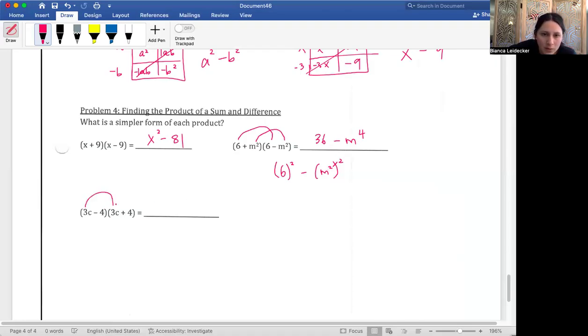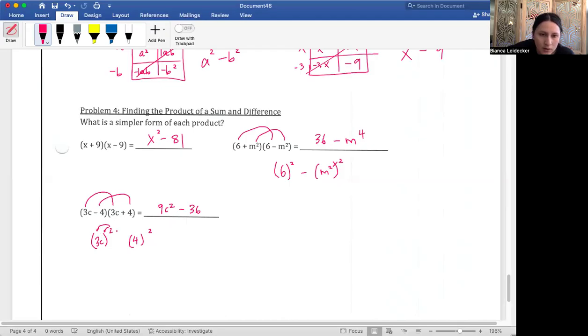Okay, this would be 9c to the 2nd power minus 36, right? 4 squared is 36. And that's it. If you want to double check, you could look at this. Squared, and then 4 squared. This will distribute in.